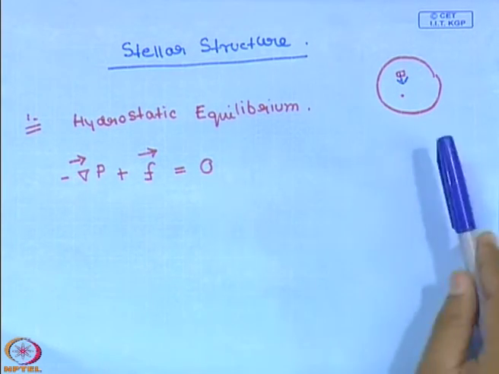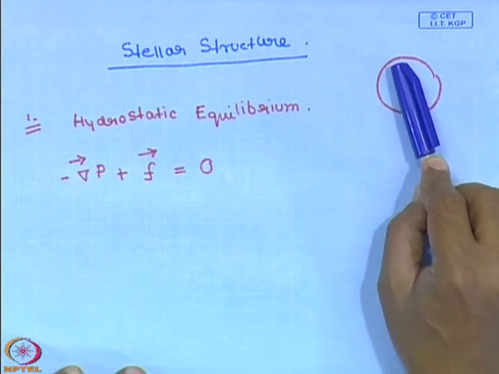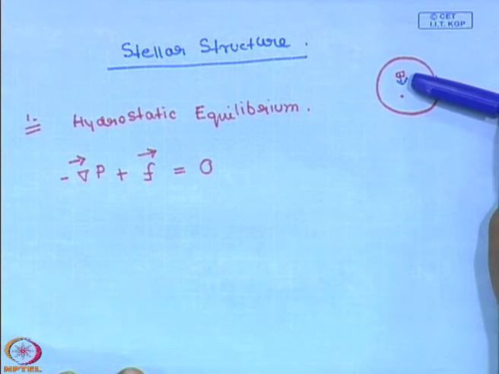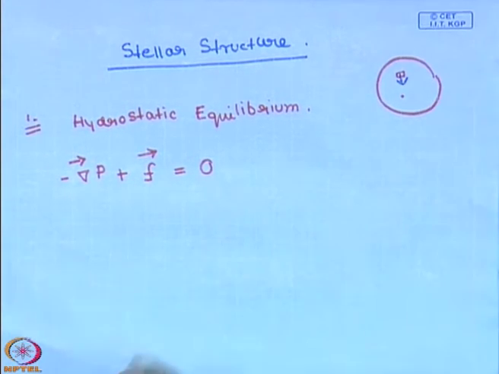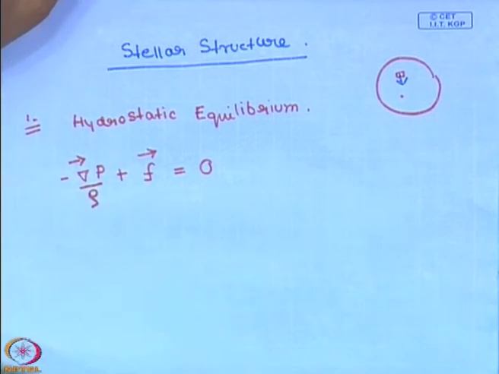So, there has to be a pressure gradient. So, the pressure inside has to be more and the pressure outside has to be somewhat smaller, and the difference in these pressures is what balances the gravitational attraction. So, isn't there a factor of rho here? Factor of rho, right, there is a factor of rho which I have missed out. So, it is 1 by rho, right, thank you.